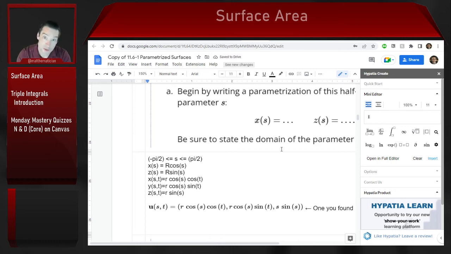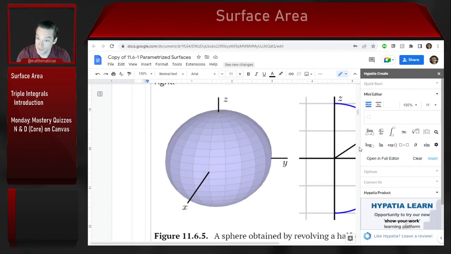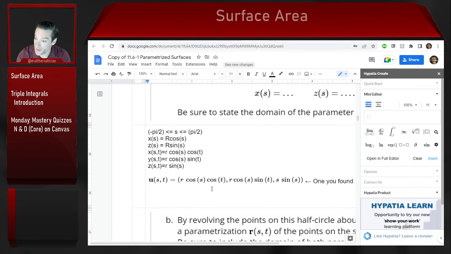But then by making the other choice of what that angle s represents, if s represents the angle measured from the positive z-axis, that's sort of the convention that is most often used by mathematicians, at least. Physicists sometimes use a different one. But if we use that as the angle s, then instead of cosine in the first 2 terms and sine in the z-coordinate, it's the other way around.